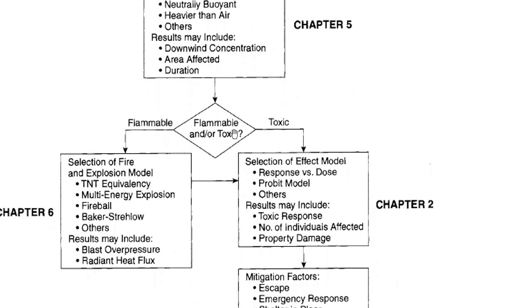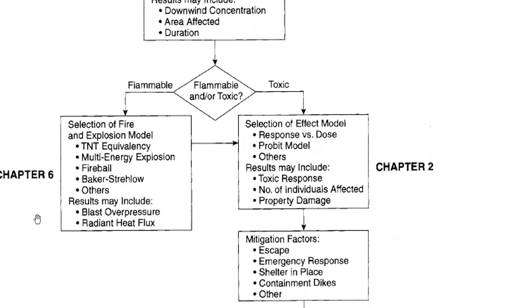Now, if it's flammable or toxic: when we said toxic, we studied the probit model and the TLV. However, if it's flammable, there are also flammable limits that you're going to study in chapter 6, and then in chapter 7, how to fight or defend against these fires and explosions. Later in chapters 8 and 9, we are going to study relief sizing.